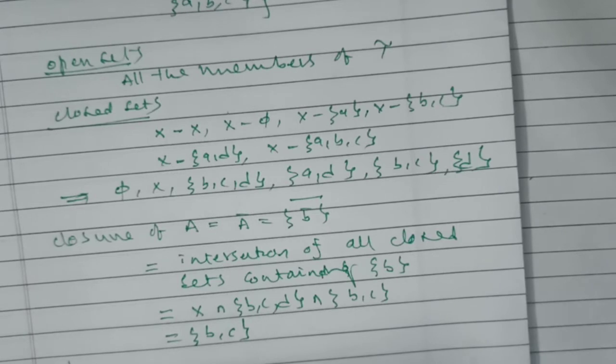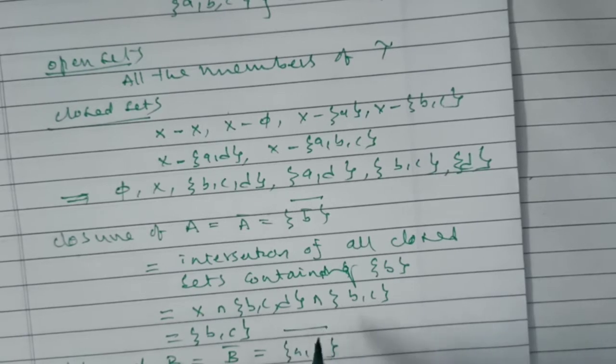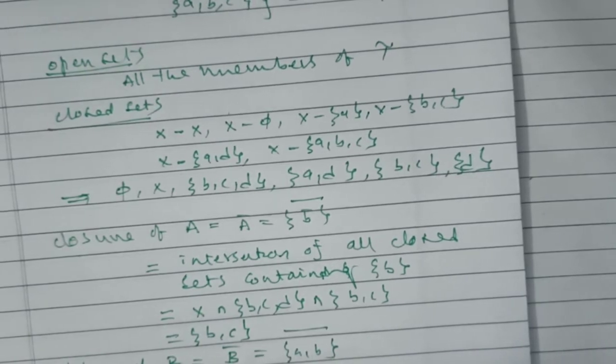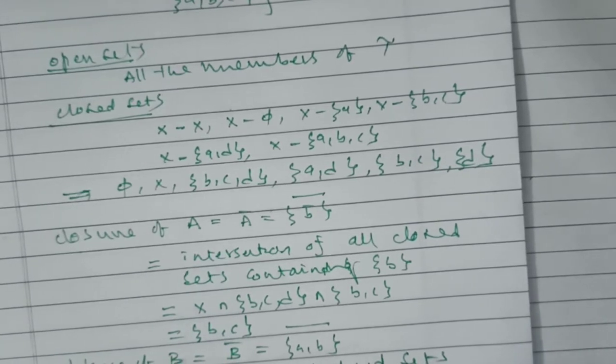Similarly, closure of B is B bar. In the given problem, B is the set {a, b}. So {a, b} bar is equal to the intersection of all closed sets containing {a, b}.